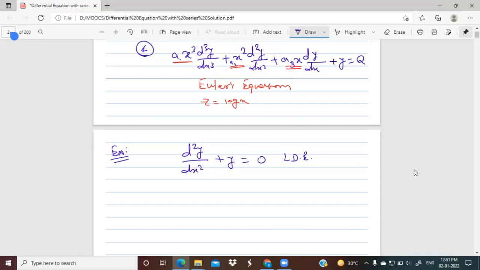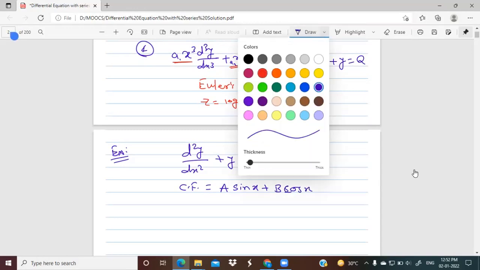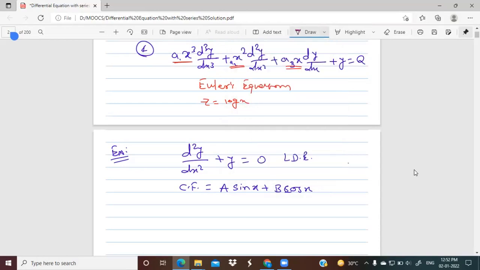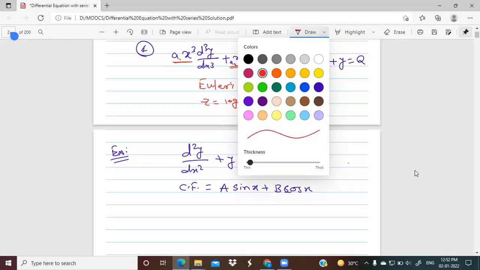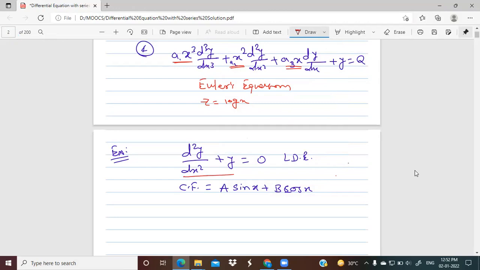To solve it, we find the complementary function. We get the auxiliary equation D square plus 1 equal to 0, and the roots of this auxiliary equation are plus or minus i.